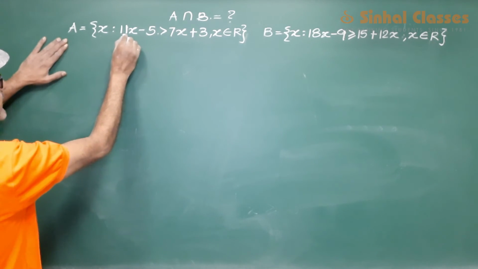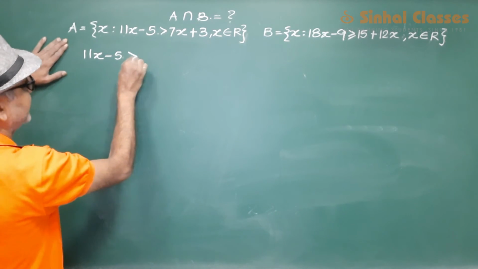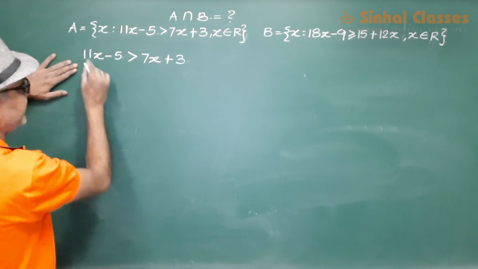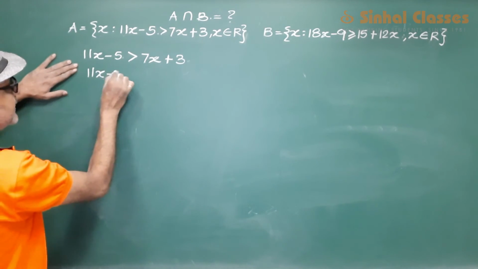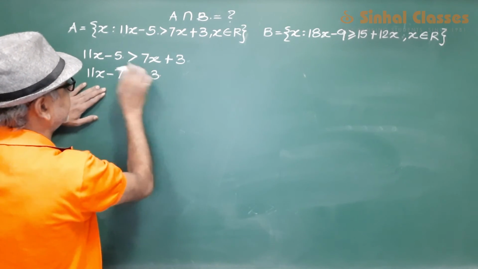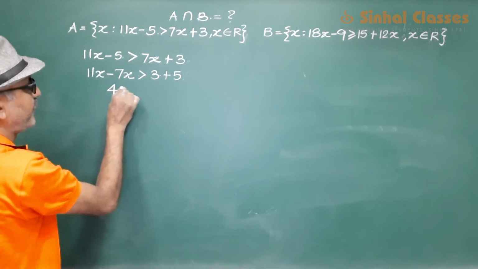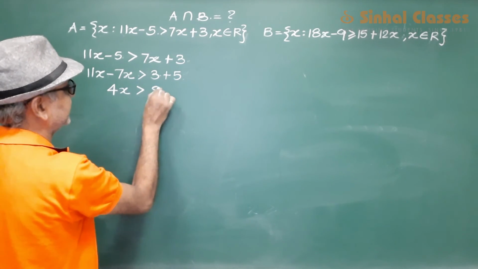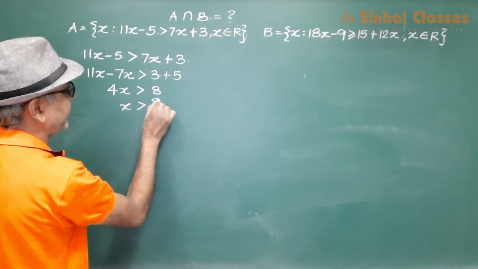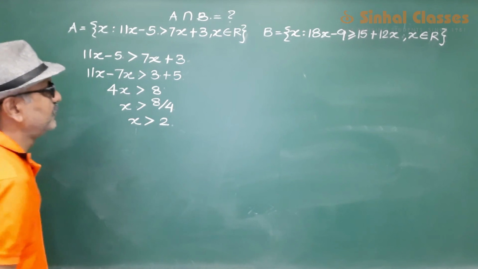We will start with the first set, 11x minus 5 greater than 7x plus 3, 11x minus 7x greater than 3 plus 5, 4x greater than 8, x greater than 8 by 4, x greater than 2.